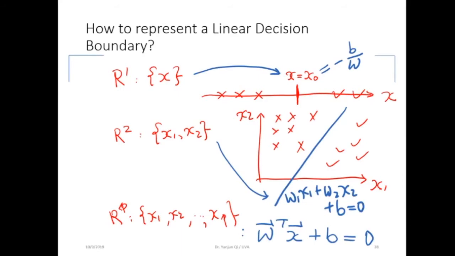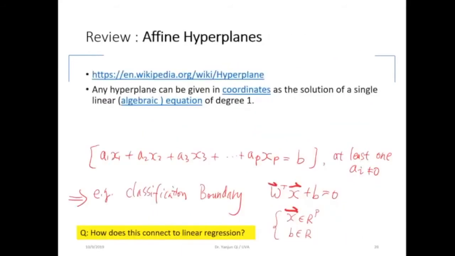Question about this? Yeah. All right. So some of you may question, why do I use this W transpose X plus B formulation? The reason is, if a line in a two-dimensional space is represented by this formula, it's a generic formulation.